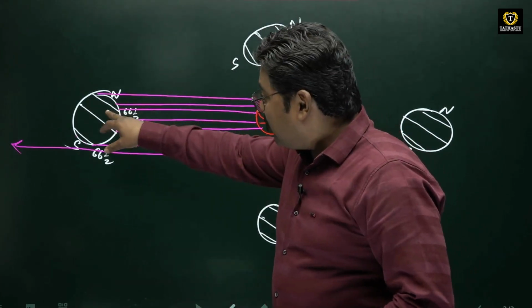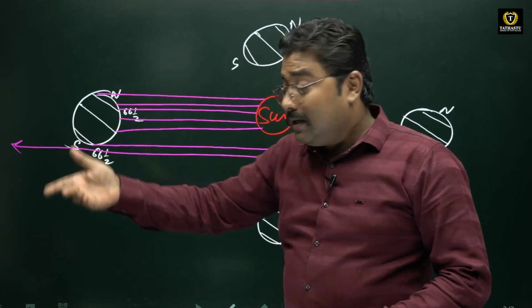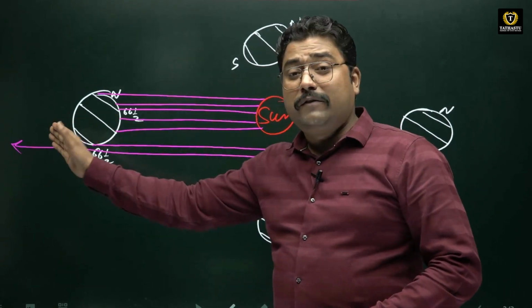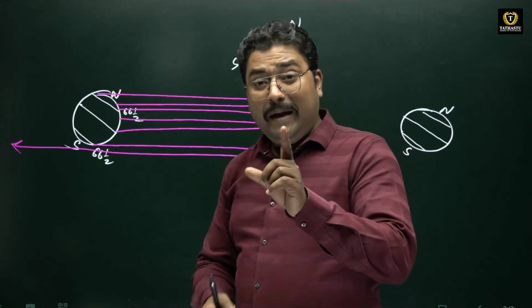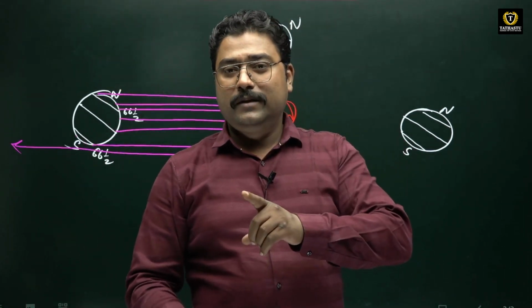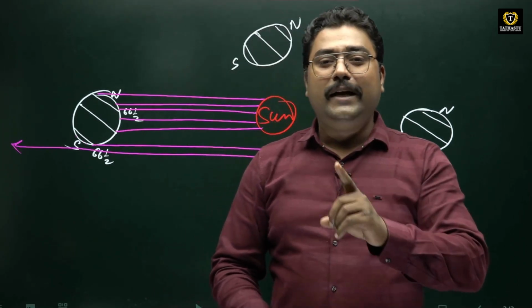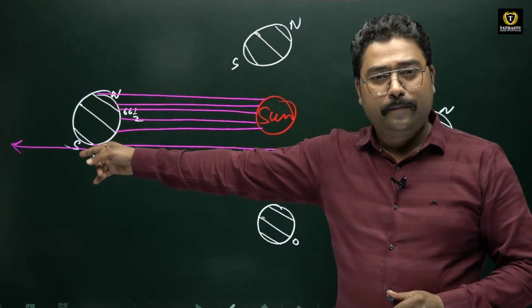Now the part of the earth which is facing the sun will receive a longer daytime, and the part which is away from the sun will receive a longer night time, or you can say less sunlight. Means the length of day and night on earth is basically determined due to tilting of the earth on its axis.